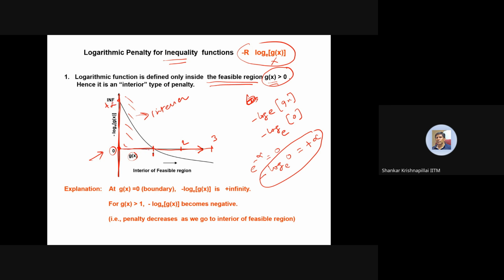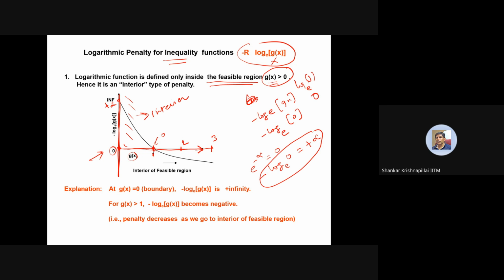And as you go toward the interior of the feasible region, when g of x is equal to 1, log 1 to the base e, you get 0. So the logarithmic penalty for g of x equal to 1 is 0.